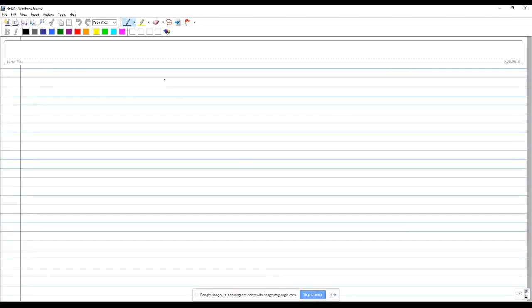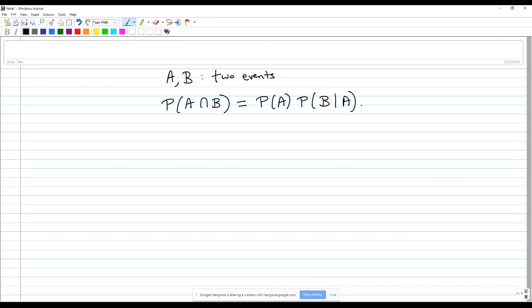So the question is about conditional probability. Let's say you have two events, A and B. The main result in all of this is about the probability of A intersection B. Probability of A intersection B, as it turns out, can be written as probability of A times probability of B given A. And also, it can be written as probability of B times probability of A given B. Okay, so this is the essential and most important idea to keep in mind.